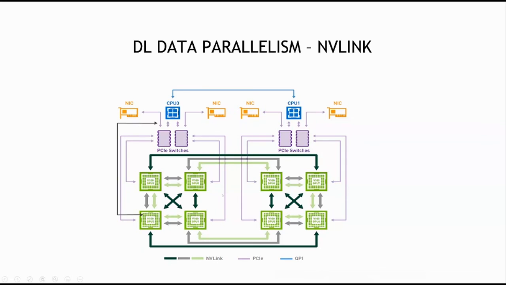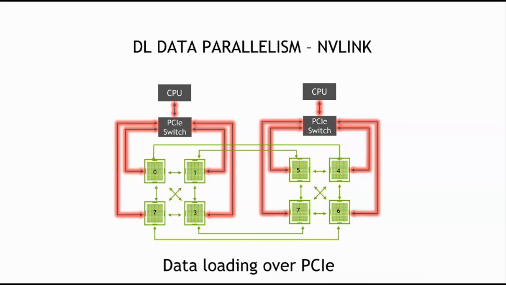You need really high performant inter GPU communication. For that, we have the NVLink to provide the maximum network bandwidth across two GPUs. And you see that your CPUs will be also connected with the GPUs, and the GPUs will also be interconnected with the other GPUs.